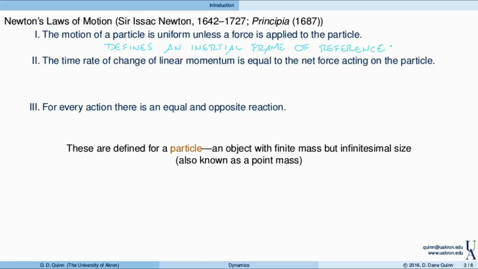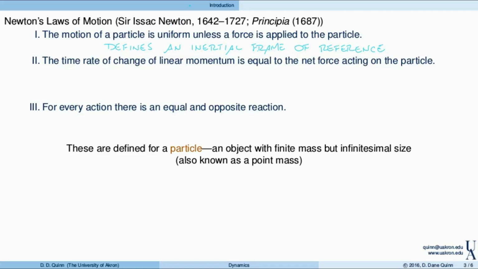However, if it begins to move around a curve, then suddenly you can tell that the truck is accelerating, because the truck is no longer an inertial frame of reference. So those are two examples, the ground and the truck moving in uniform motion, where that frame of reference is not accelerating. But certainly the truck moving around a curve or speeding up or slowing down would be a non-inertial frame of reference. So if the motion of a particle is uniform in the absence of any applied force, then we know that we have an inertial frame of reference.